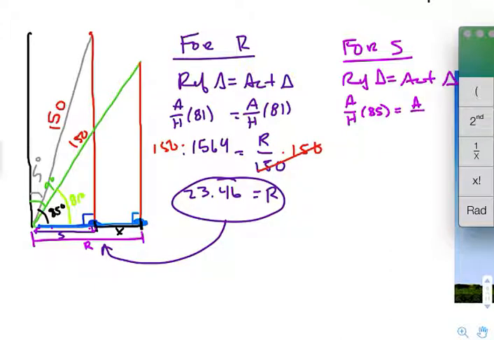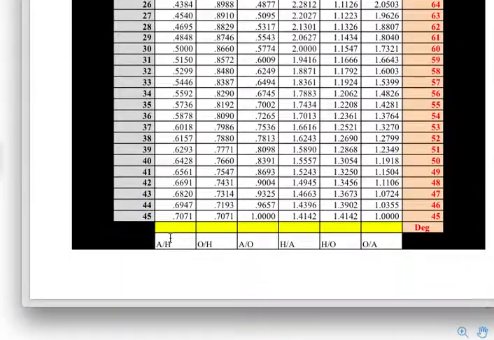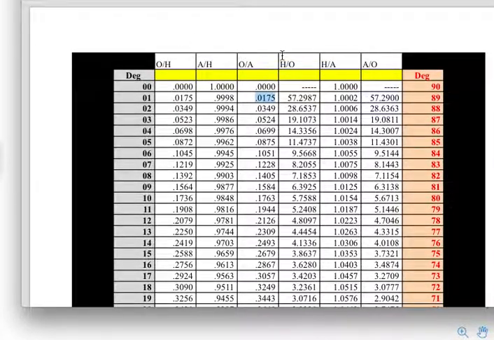And for my actual triangle, again, adjacent over hypotenuse for an 85. In my actual triangle, my adjacent is going to be my S. Hypotenuse is still 150 because of building and shrinking. Let's go to our trig sheet. Adjacent over hypotenuse. Once again, let's double check. Yeah, it's going to be in our first column, 85 degrees. So it's going to be 0.0872.